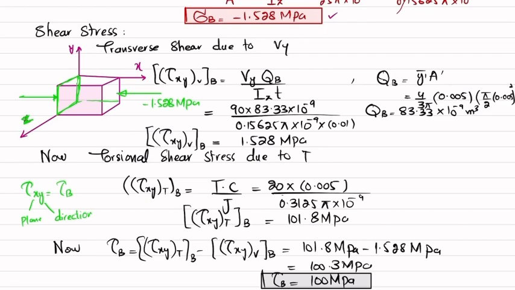So your tau of xy will be this one, upward, so on the top face it will be like this. Similarly, this is also the x plane, so tau of xy in the direction of y is this. Clear? And this value is 100 megapascal.